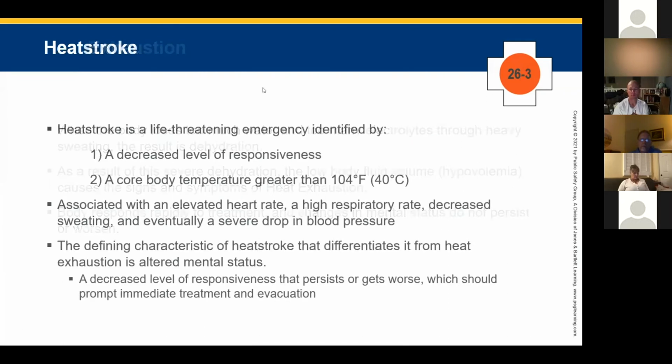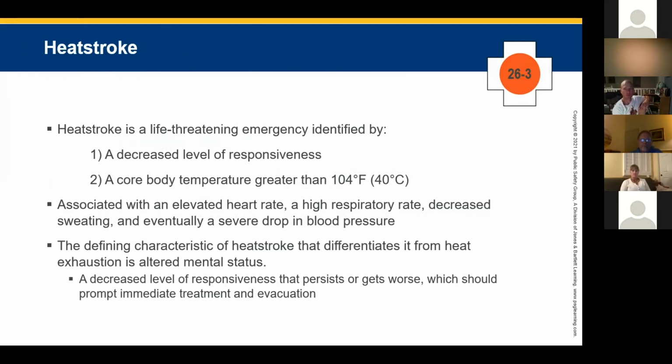Okay. Heat stroke. This is life-threatening. Why do you think it's life-threatening? Somebody tell me. Cook your brain. What happens to your brain? It overheats. Physiological functions shut down.